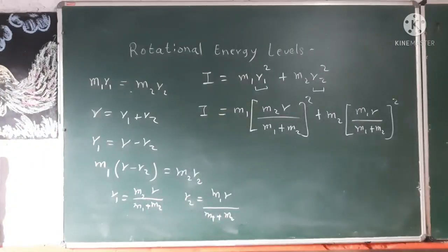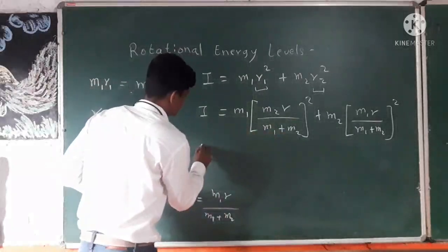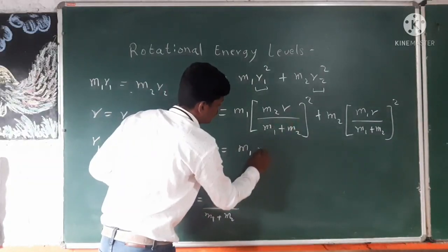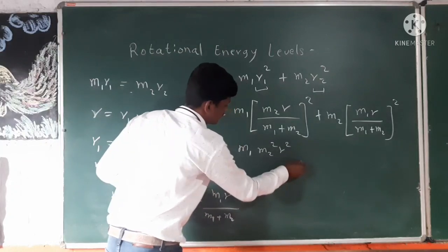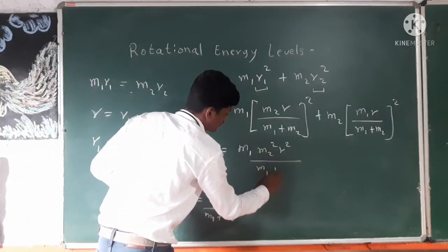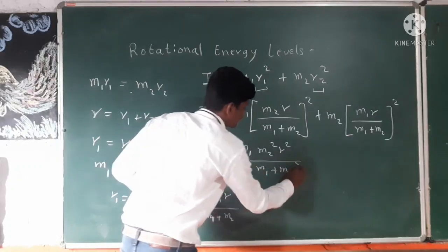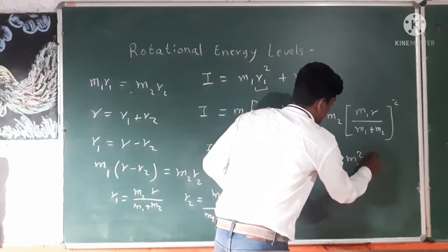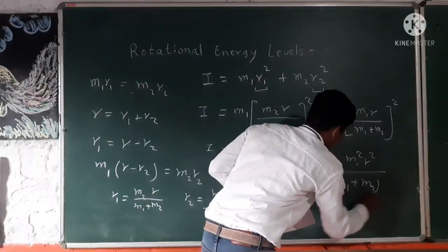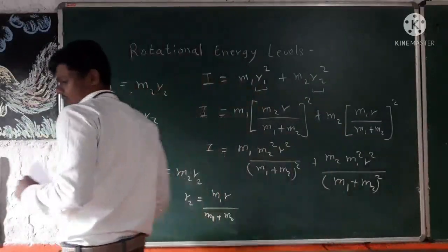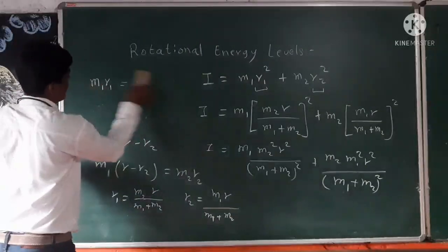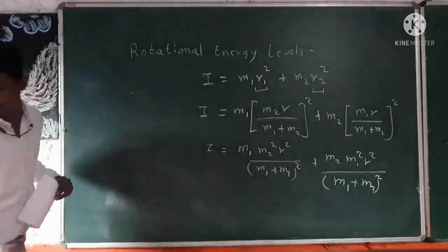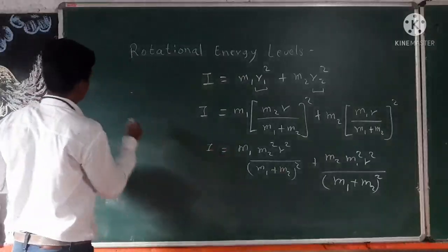So here, solve this. Moment of inertia will be m1 m2 square R square by (m1 plus m2) whole square, plus m2 m1 square R square by (m1 plus m2) whole square. Now we can see this equation and take out the commons here.